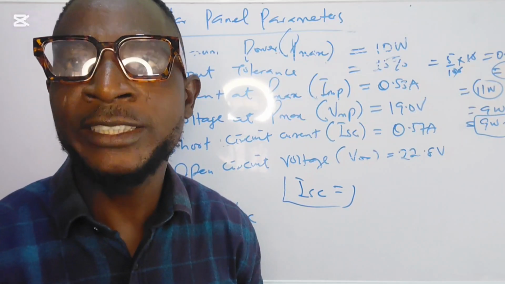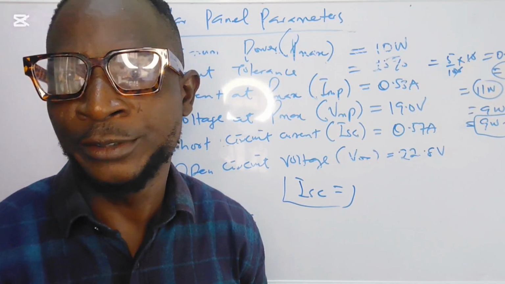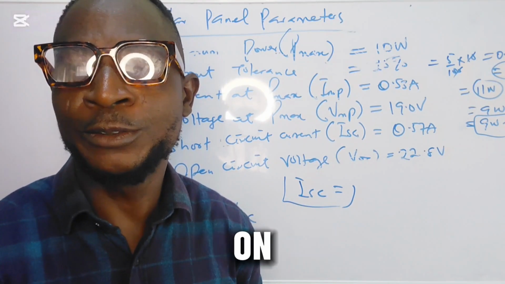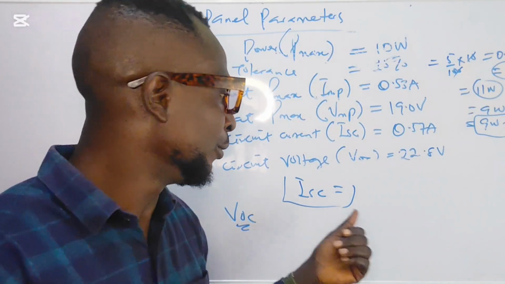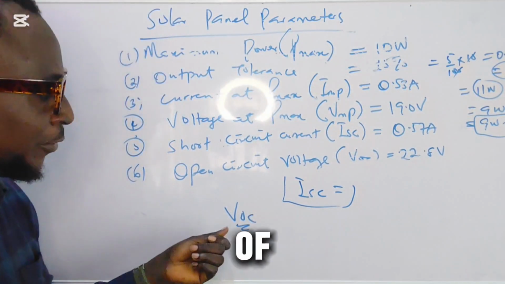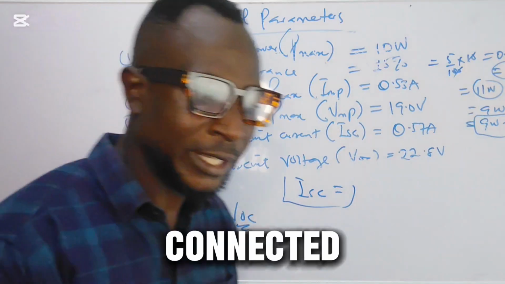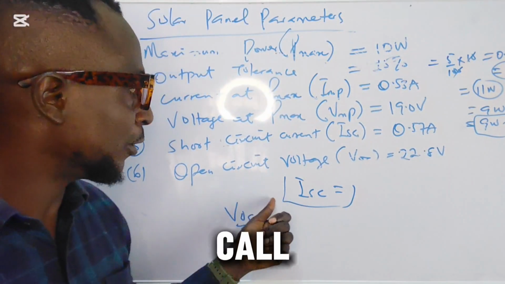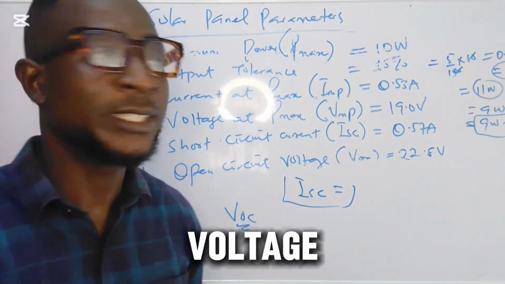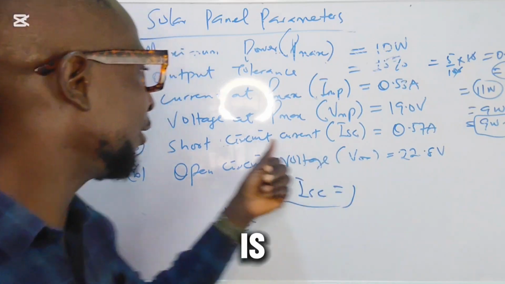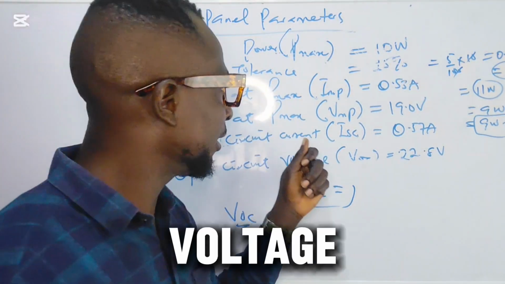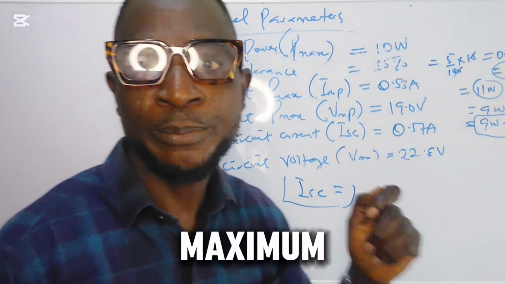It is the voltage on no load. The voltage you get out of the panel before it is connected to your load is what we call open circuit voltage. And the open circuit voltage is always higher than the voltage at maximum power.